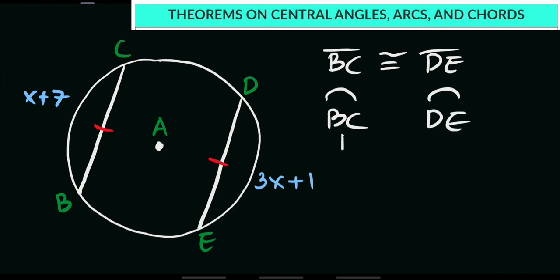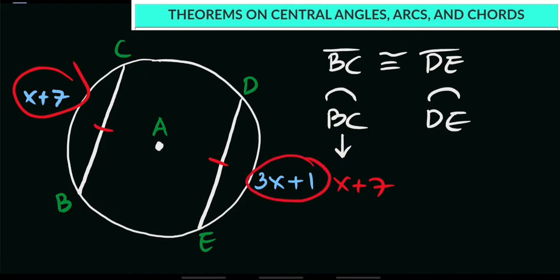According to our figure, arc BC is x plus 7, and for DE, we have 3x plus 1. So let's equate x plus 7 to 3x plus 1 and solve for the value of x. I think we need to subtract x from both sides, and then subtract 1 from both sides.